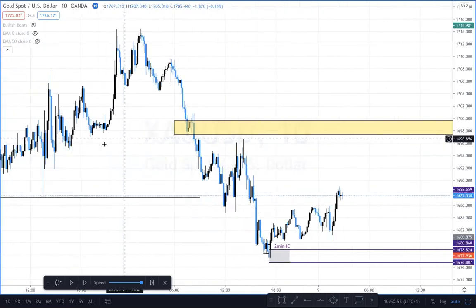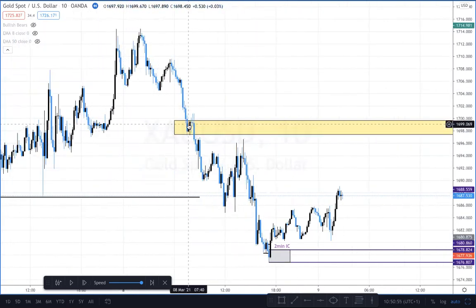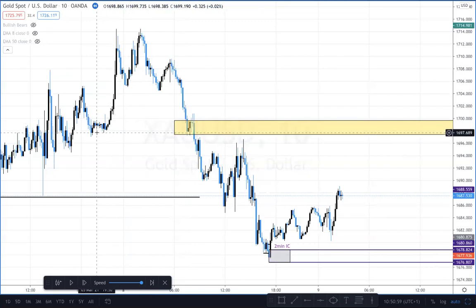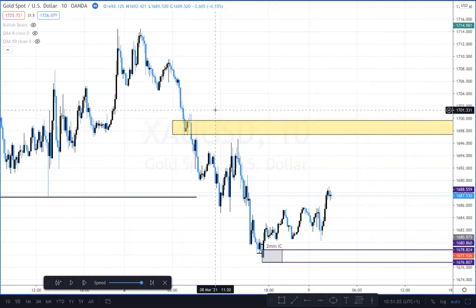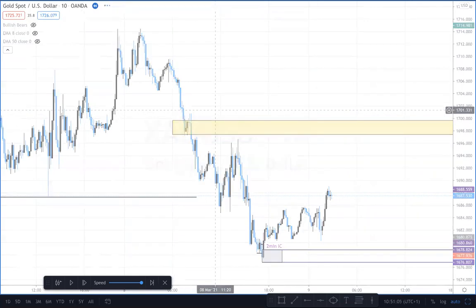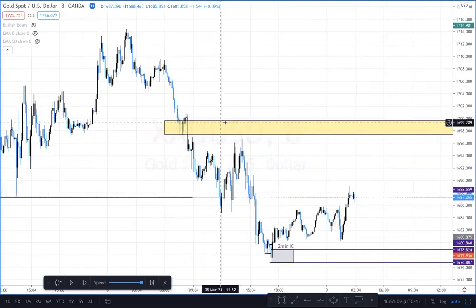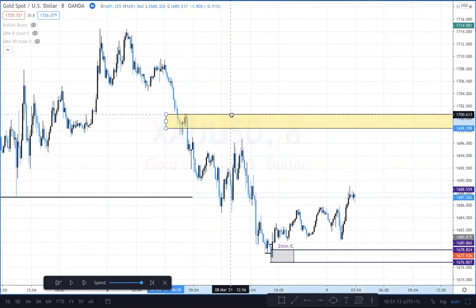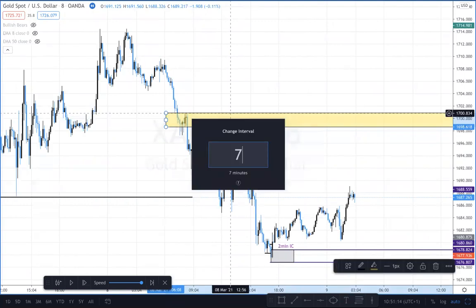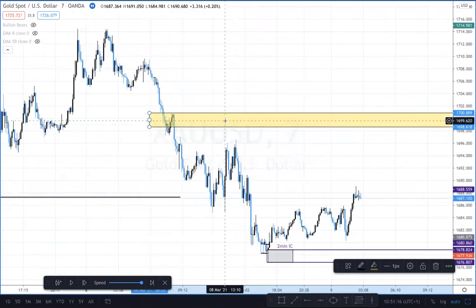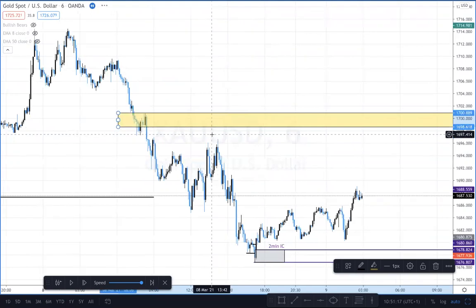We still have that same area. Let's go 9, same area. 8, same area. 7, same area. 6, same area.